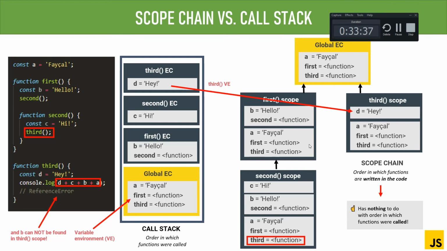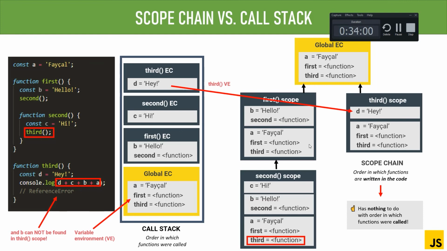And so here is even more proof that the order in which functions are called does not affect the scope chain at all. And so here, as a result, we get the reference error because both C and B cannot be found in the third scope, nor in the second scope. Okay?